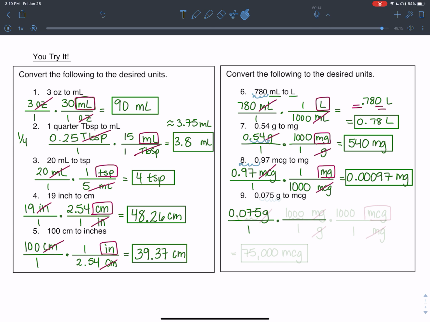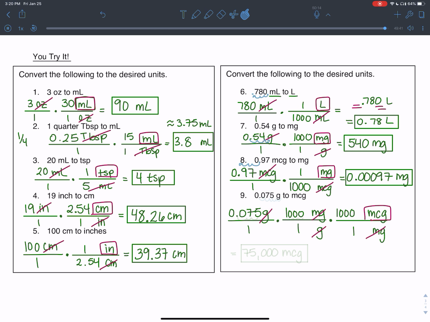So I'm going to cancel out the grams to make it milligrams. That's 1,000 milligrams per 1 gram. I'm going to cancel out the milligrams on my next step. It's 1 milligram per 1,000 micrograms. I want you to see a 2-step process. Canceling out, I am left with micrograms.